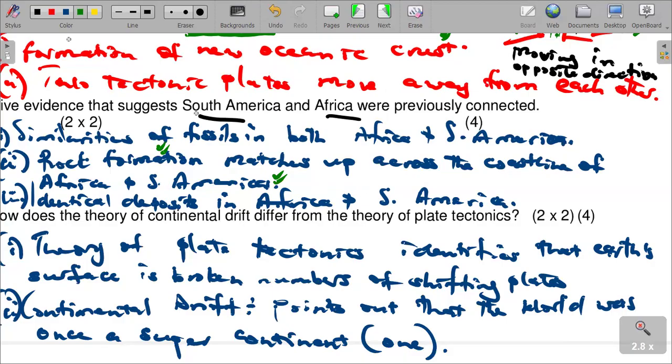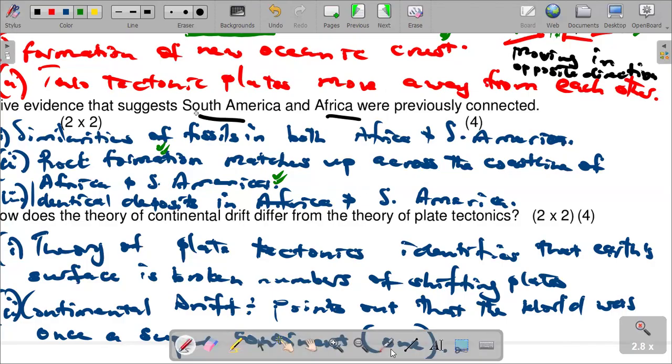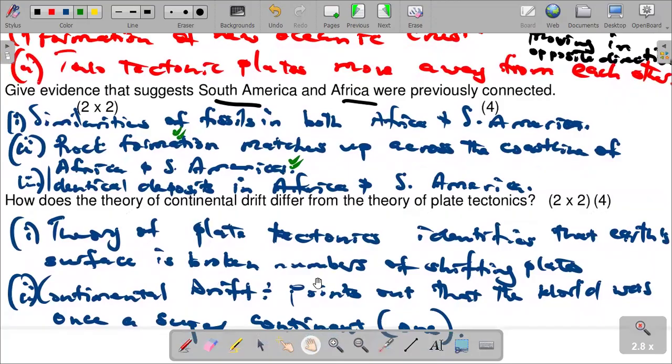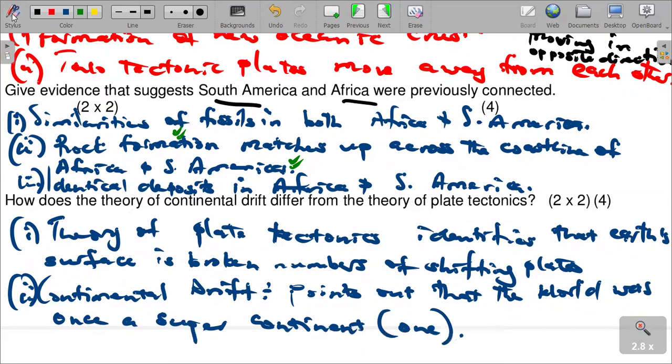And then we have the next question, which is: how does the theory of continental drift differ from the theory of plate tectonics? Give the difference between continental drift and plate tectonics.